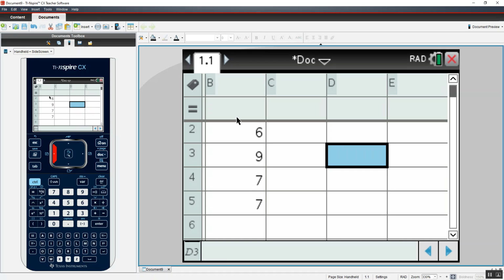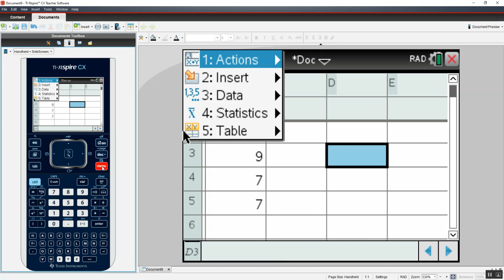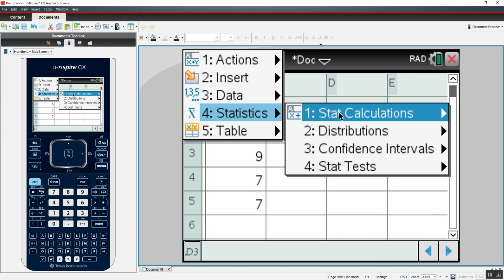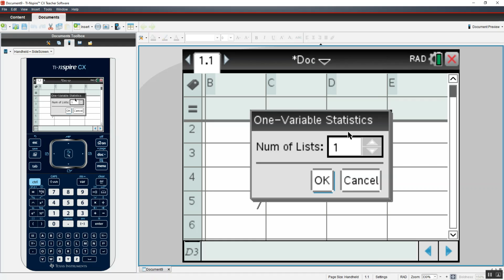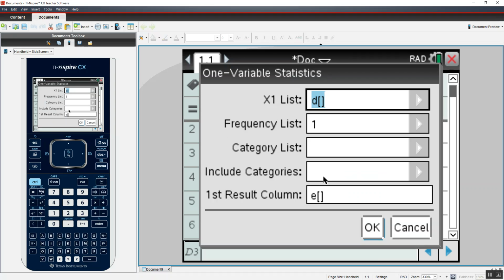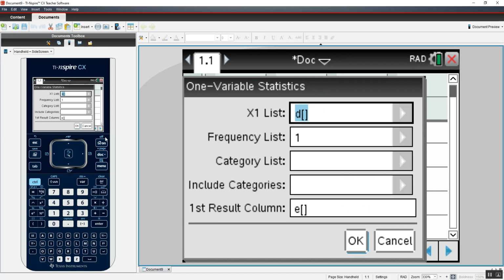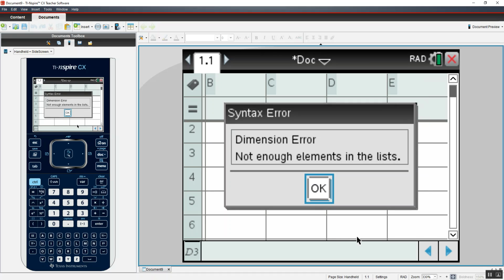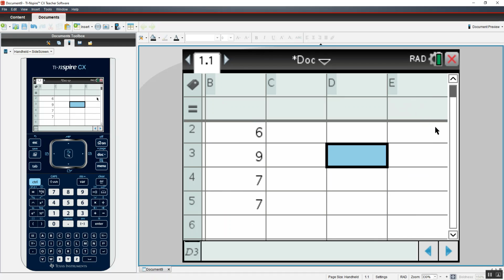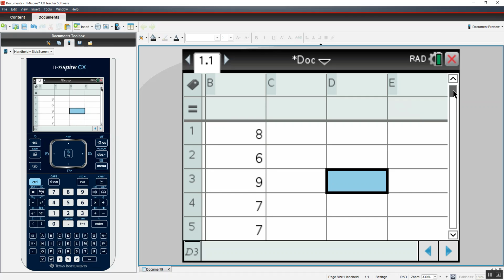And if I'm correct, we go to menu, stats, stat calculations, one variable. Now, let me just make sure, I might need to change this. Yes, so we have one list, but we've also got a frequency. So I'm thinking it will spit out the correct answer. Let's see. No. Wait, the frequency is 2.